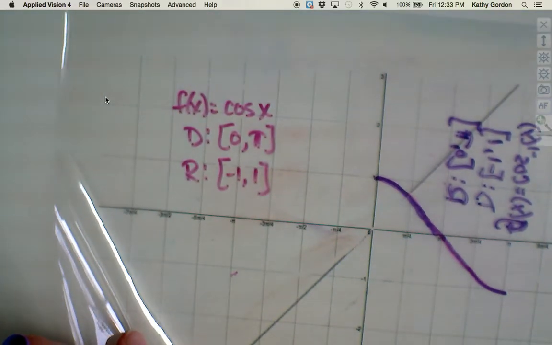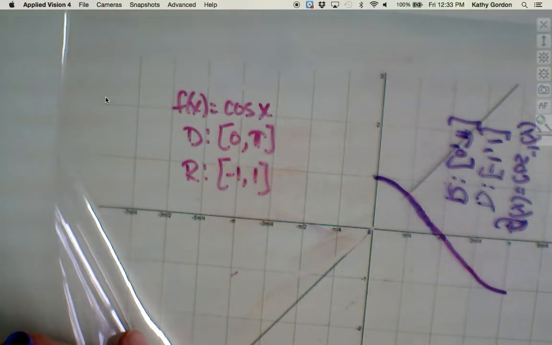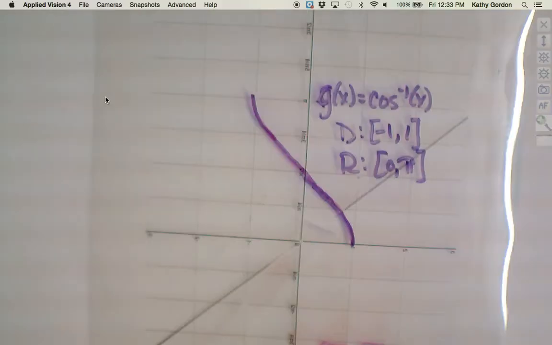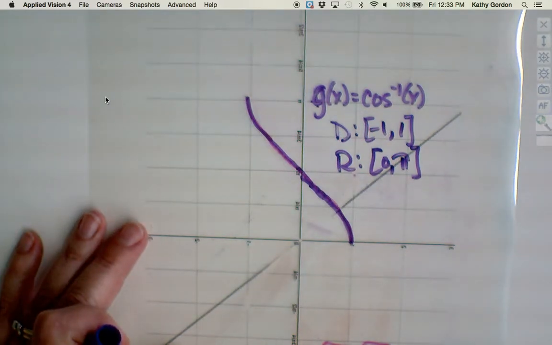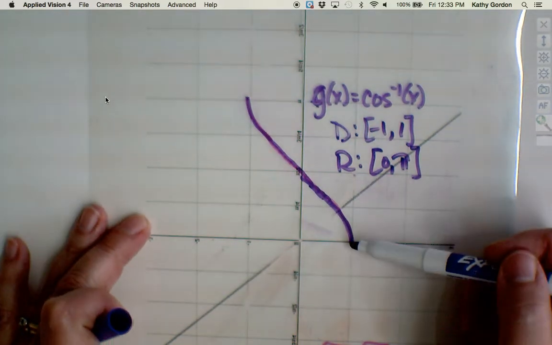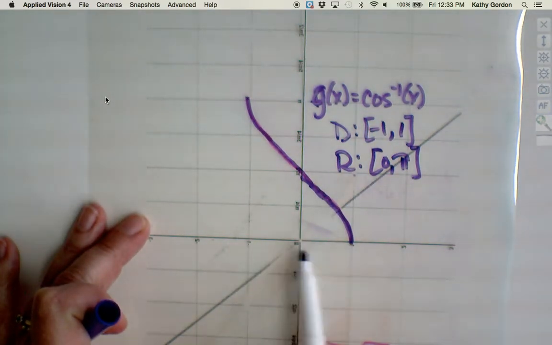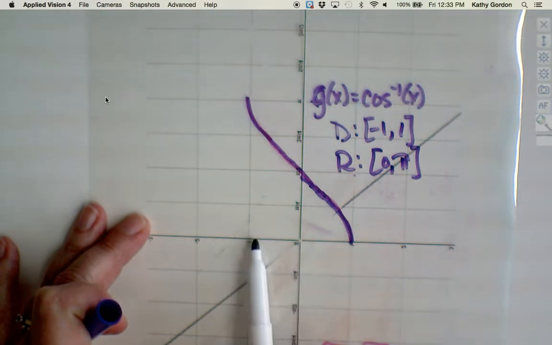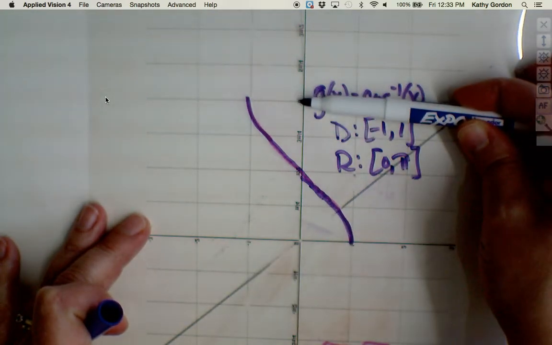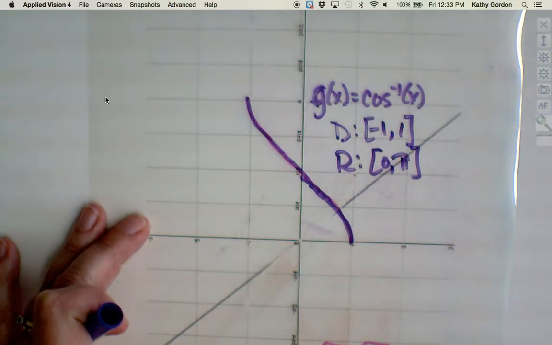Okay, because again, we're just going to flip what we had for domain and range of regular cosine to get domain and range of inverse cosine. And it's what you're actually seeing. Negative 1 to positive 1 are the x values, and 0 to pi are the y values.